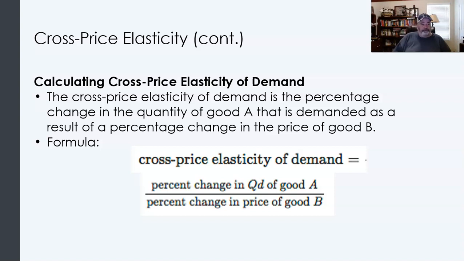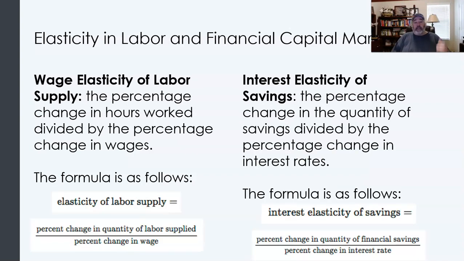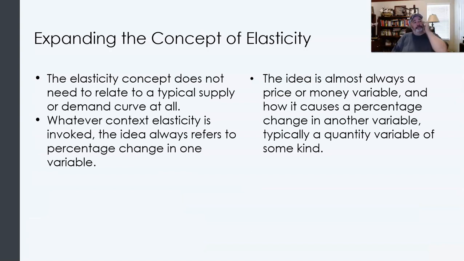All right. So again, you have wage elasticity of labor. You have elasticity of savings. Right. And you can see those. Those are always good ones. Elasticity does not necessarily relate to typical supply and demand curves, but again, they're kind of wandering off into the tall grass for me.